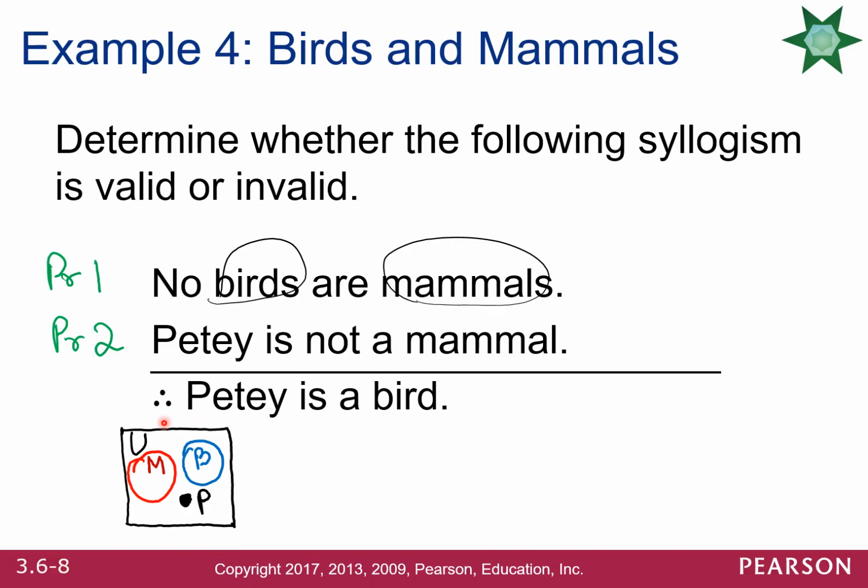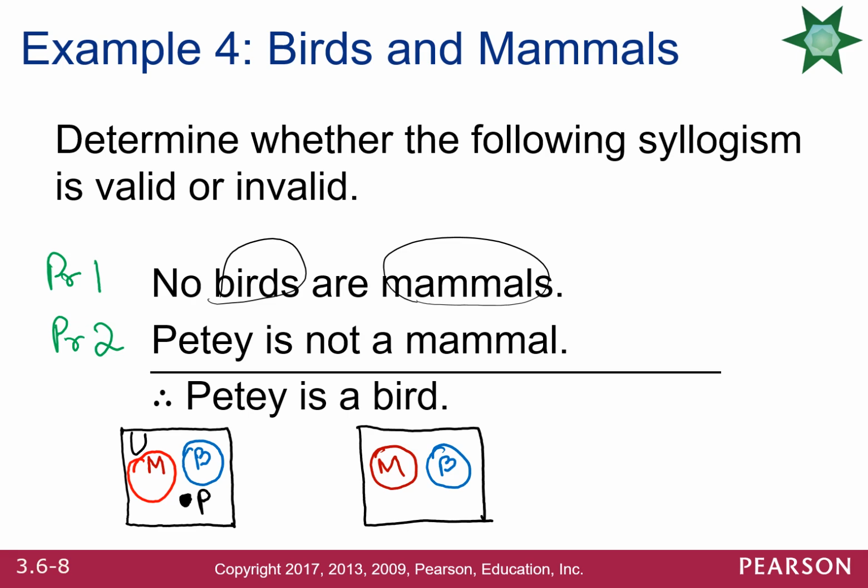Now we will draw a diagram which will include the argument. So let's come up with that. Again, another square here, and then one circle for the mammals, another circle for the birds. But if we take into account the argument, it says PT is a bird.